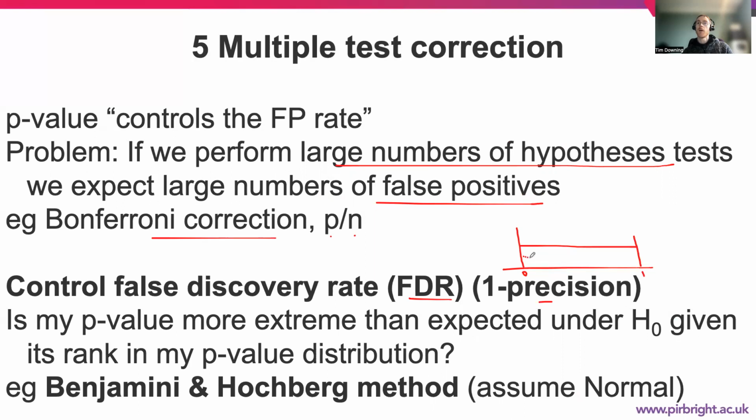We can sort and rank all our different ones as we go along. And if we have another distribution mapped onto this, we're asking then, is my p-value more extreme than would be expected under the null hypothesis, given its rank in this distribution? So it's not comparing the actual p-value, it's comparing its rank relative to a reference point in a uniform distribution.